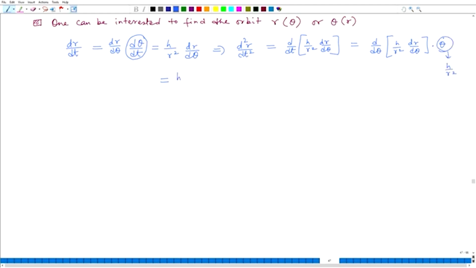So this is h over r square times h over r square d2r d theta 2 plus dr d theta, and then my d d theta of this thing is nothing but minus 2h by r cube dr d theta.